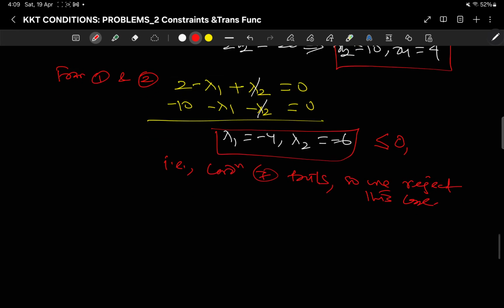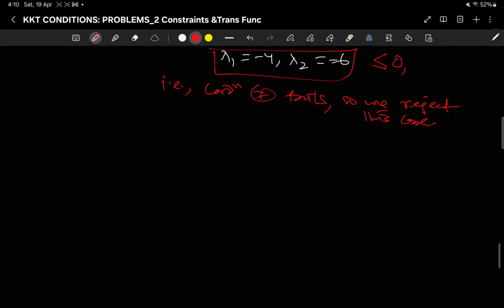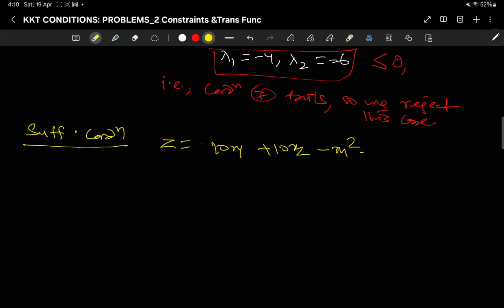Now to confirm the maximum under your case 1, we have to see the sufficient condition. So what is your f? f is your z. What is your z here? Your z is equal to 10x1 plus 10x2 minus x1 square minus x2 square. So what is z_x1? z_x1 is 10 minus 2x1, and z_x1x1 is minus 2.